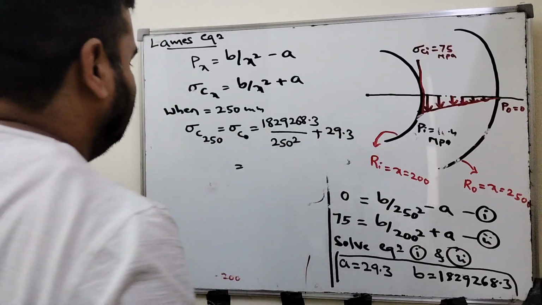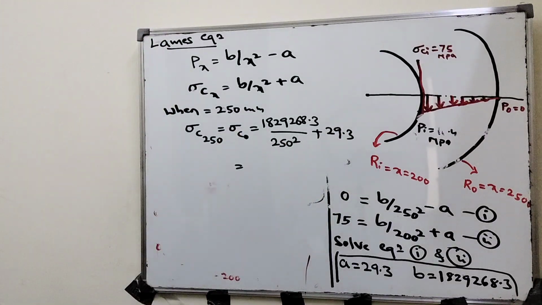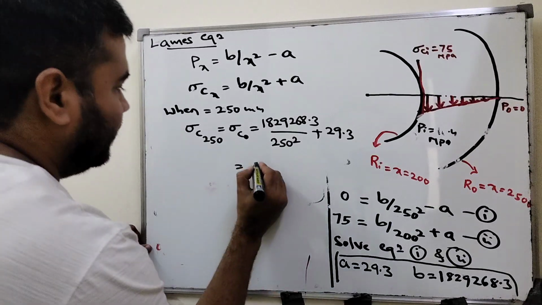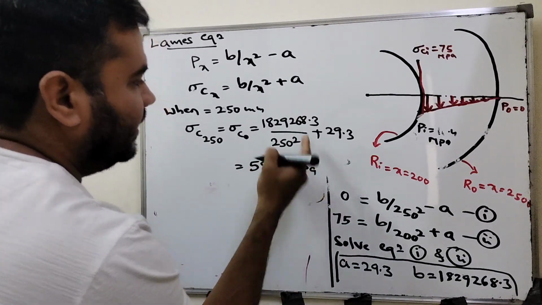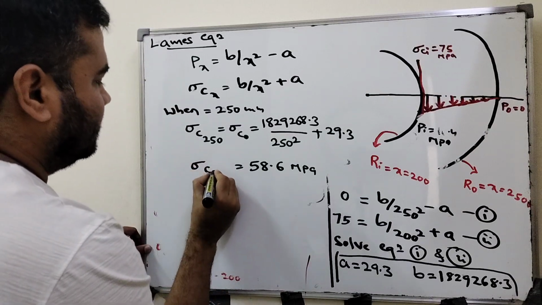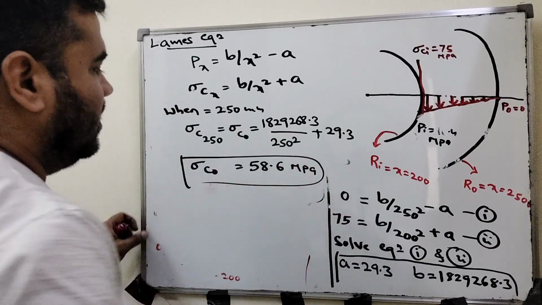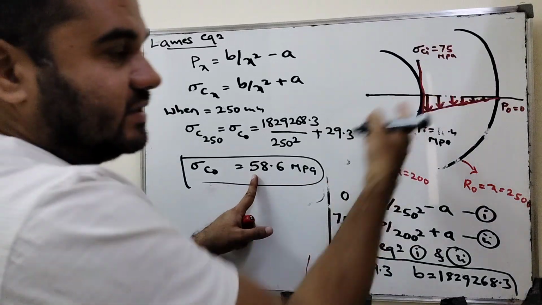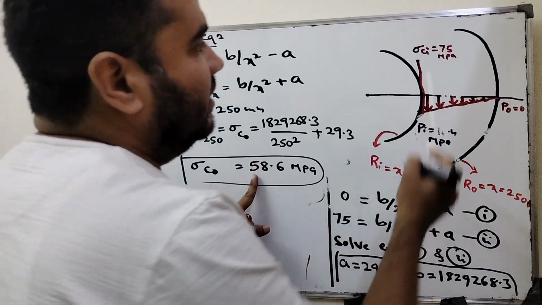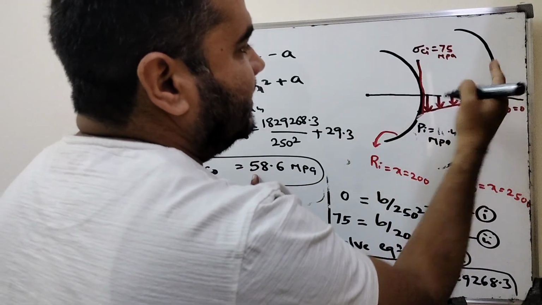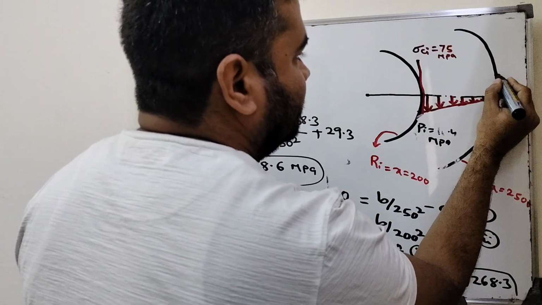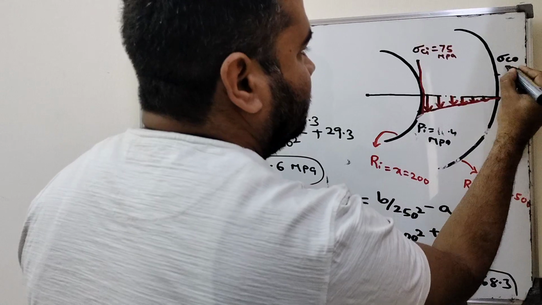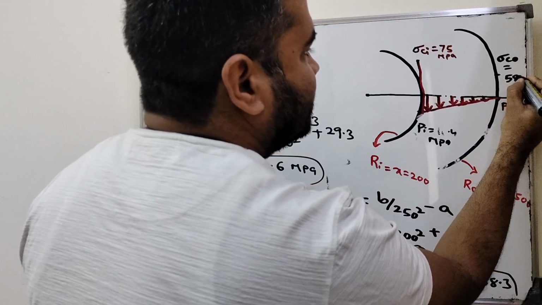Now simplify this one. We will get circumferential stress at the outside is 58.6. This is sigma c naught. Now mark the value on the sketch, 58.6. This is 75. Obviously it is lesser than this value. Sigma c naught equal to 58.6 MPa.